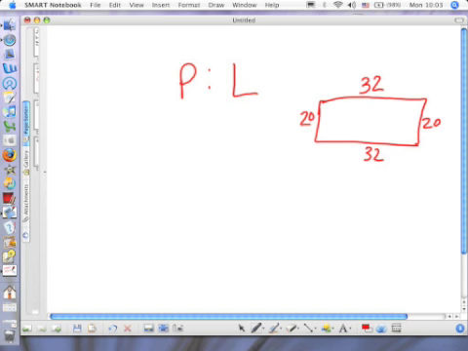So it's 40 plus 64, which is 104. Perimeter to the longer side, 32. Okay, so whatever they're asking for, you're just simply setting them up. And then you've got to reduce this. What can go into, let's just start reducing. 8. Okay. 13 over 4.